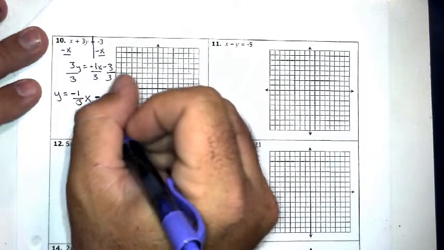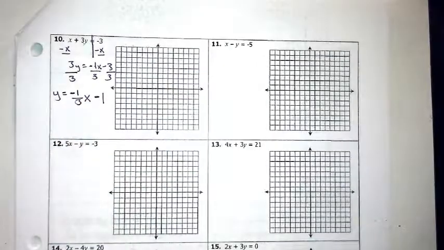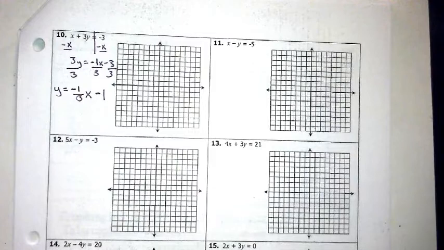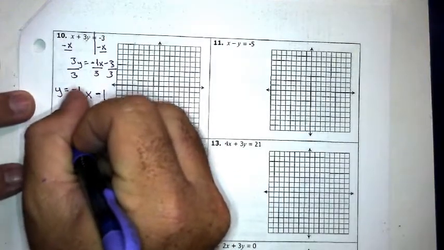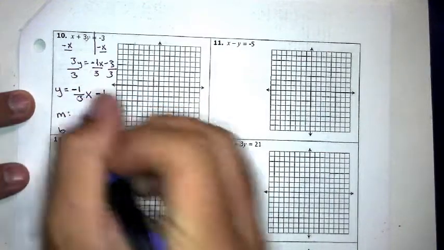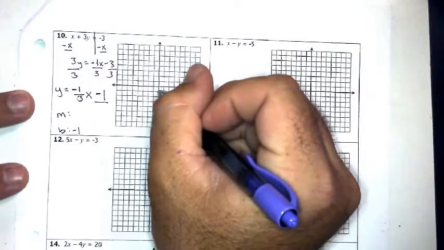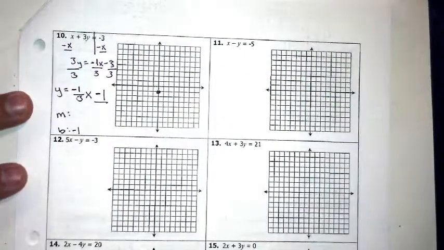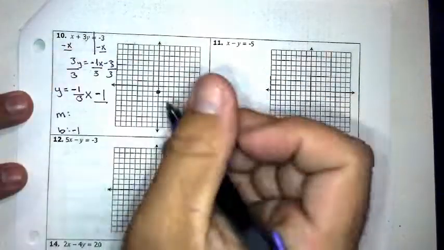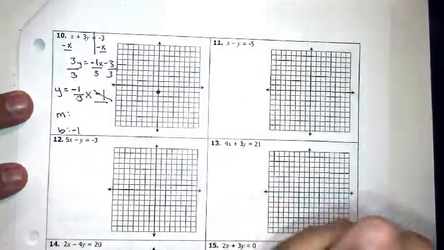Now I have slope-intercept form, so I can identify my slope and my intercept. My intercept is the constant, -1. Always identify that first because I find it easier. Then I know since that is the constant, that's the y-intercept, I can now look at the only other number I have, which is -1/3.